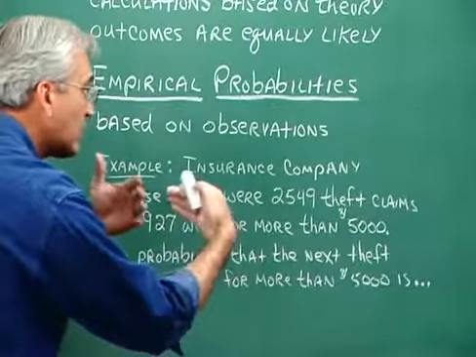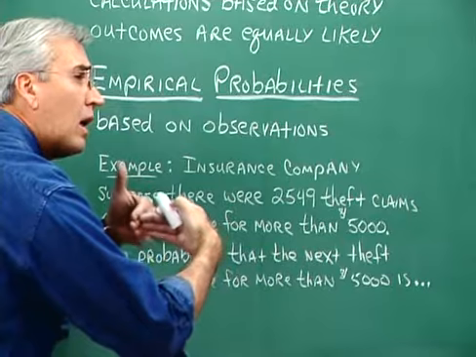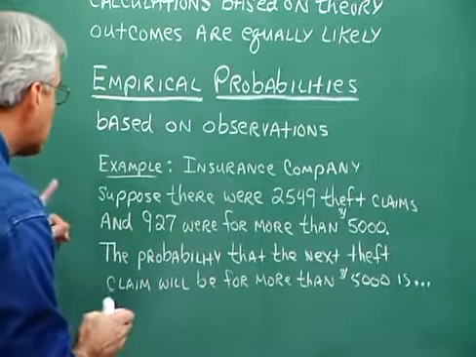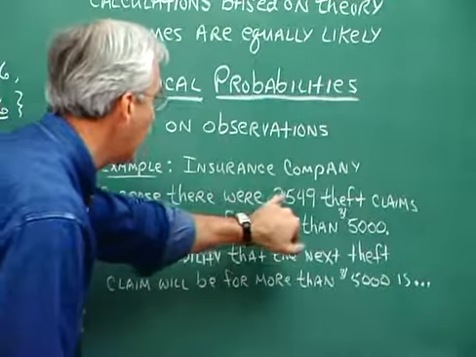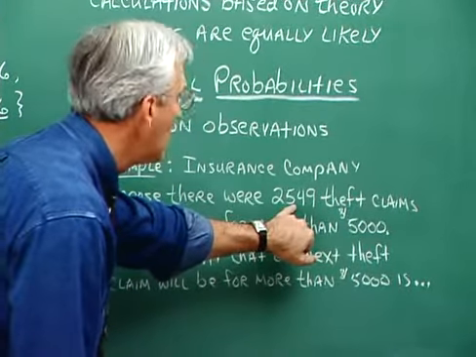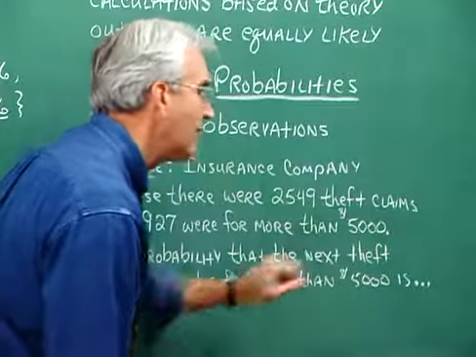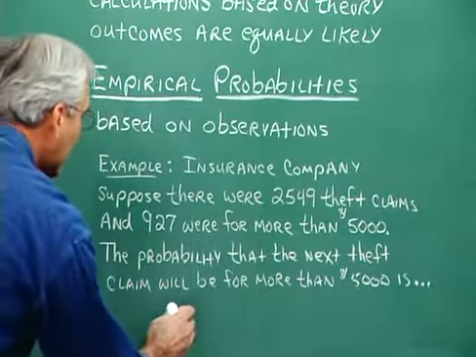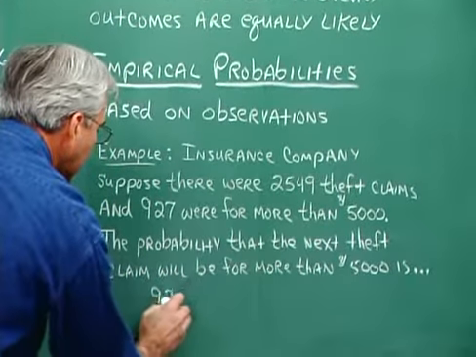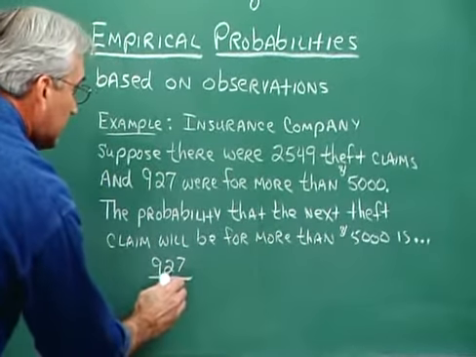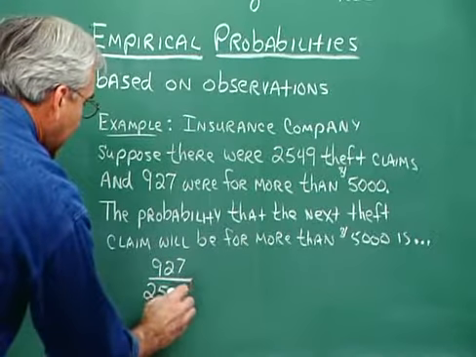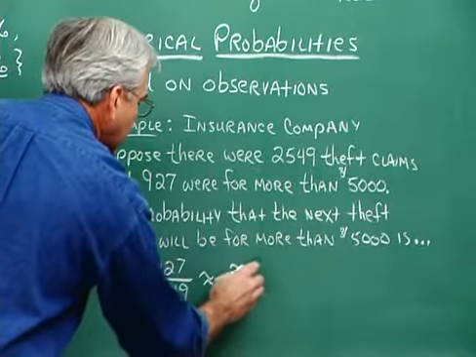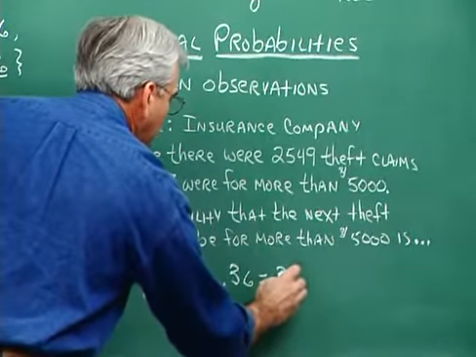Well, the evidence that we have about this situation is that 927 out of 2,549 were for claims of greater than $5,000. So the probability that the next one will be that way is 927 over 2,549, which turns out to be about 0.36 or 36%.